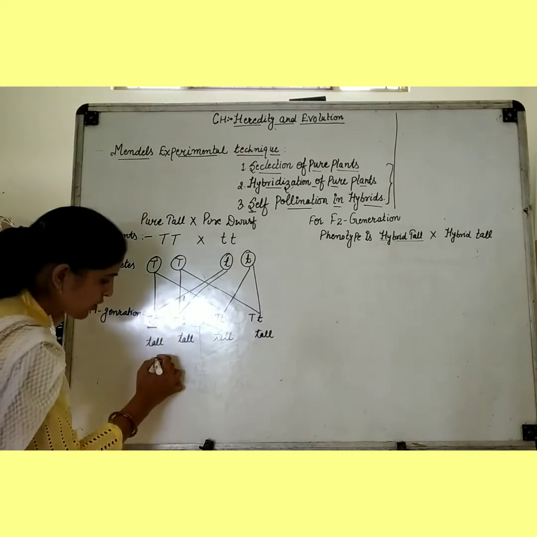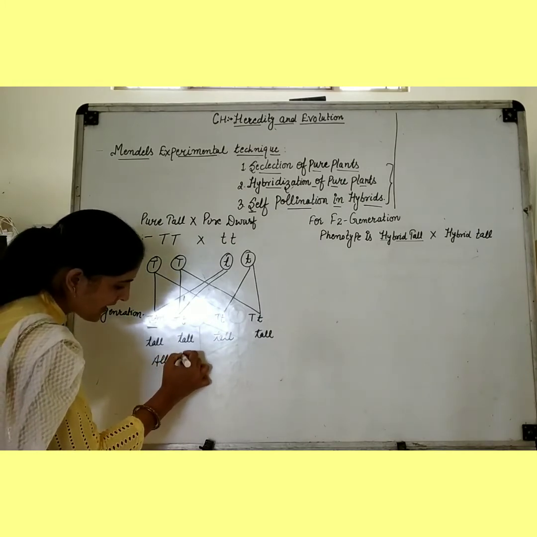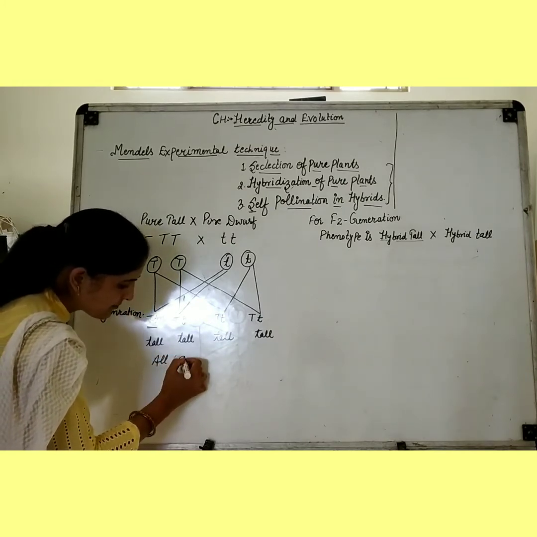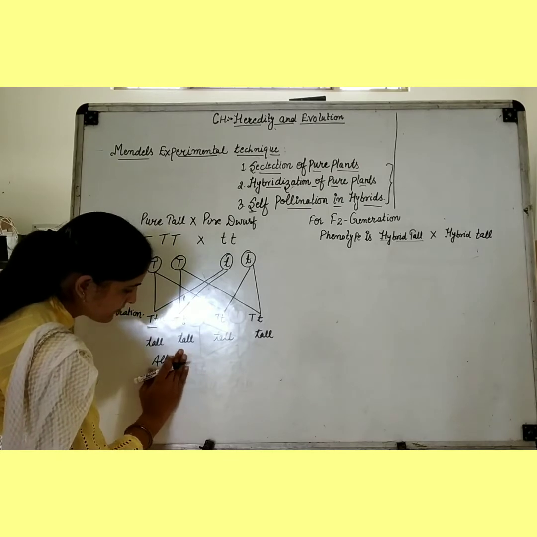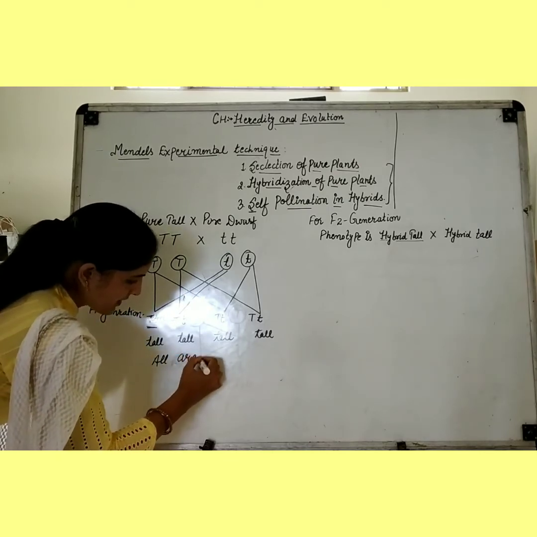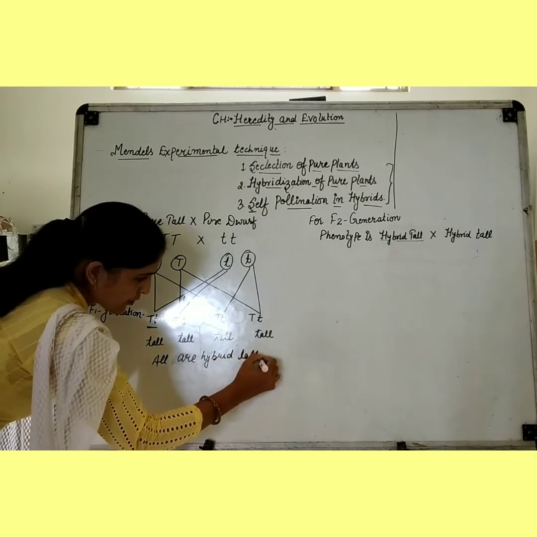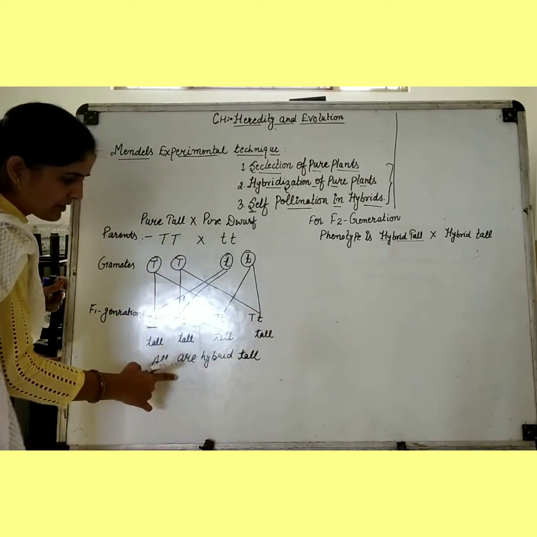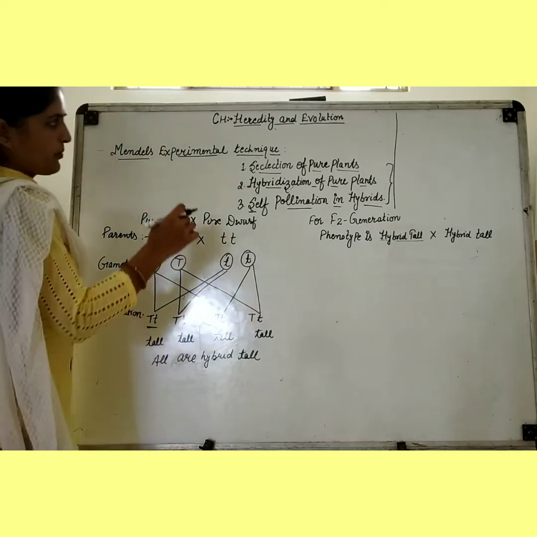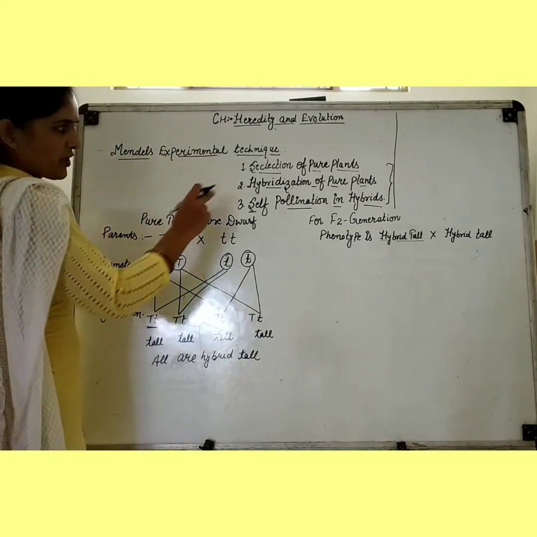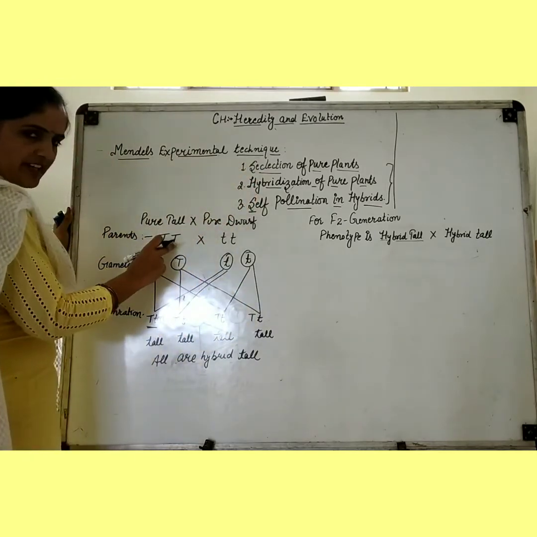So what is the result? All are hybrid tall. And what is the next step of Mendel's experiment? First one is the selection, which is done here.